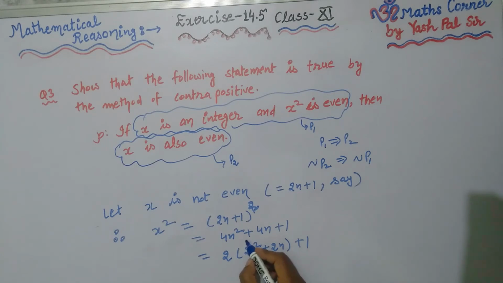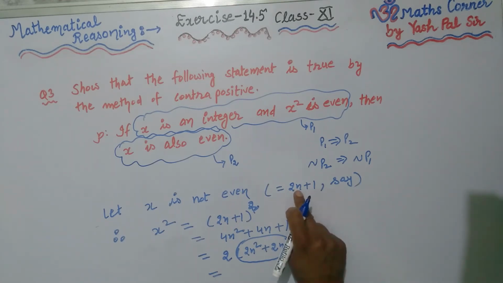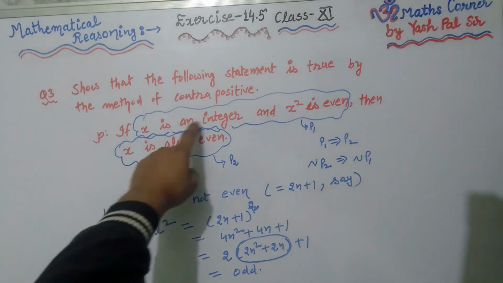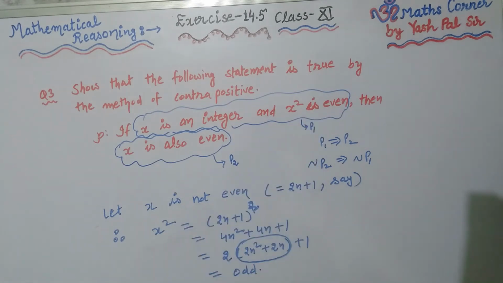Again this is some integer times 2, so it is also of the form 2n plus 1, that is odd. That is, x is an integer and x square is even, so x square is also not even.